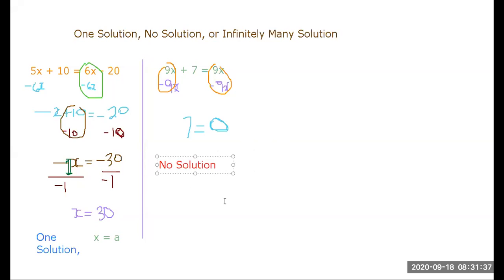Another thing we could look at: if we want to put it in terms of x equals a, we're going to say a, and put a b right here.